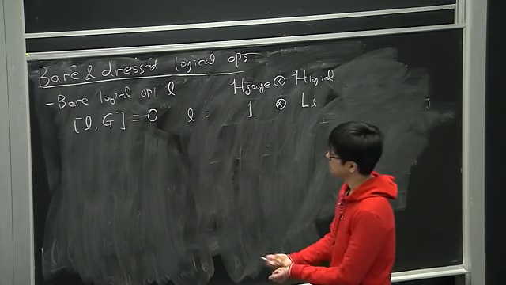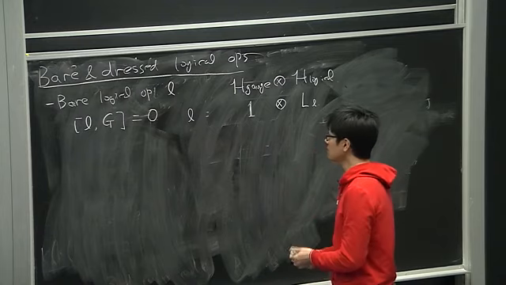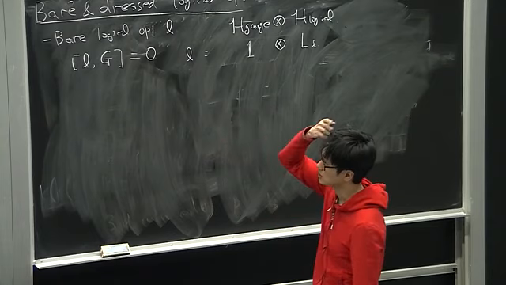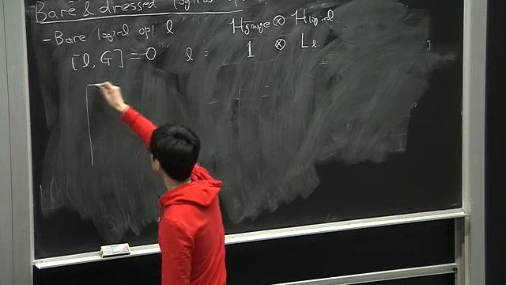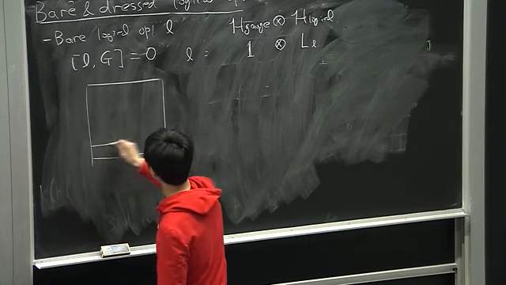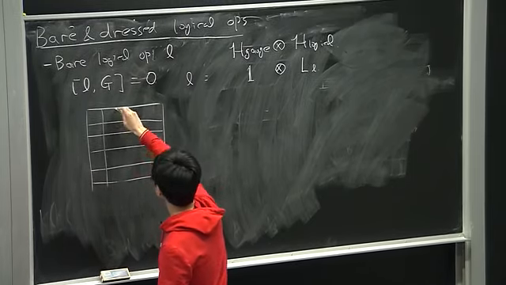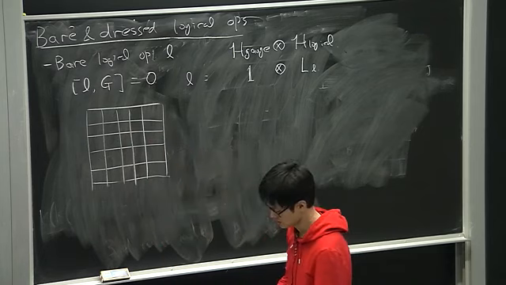Now, let me further give you intuition by actually looking at the bare logical operator for the Bacon-Shor code. This means that we want to find an operator which commutes with all the terms in the Hamiltonian.